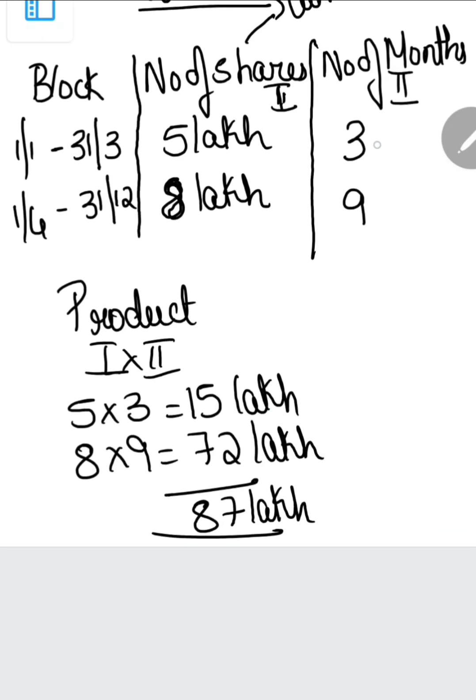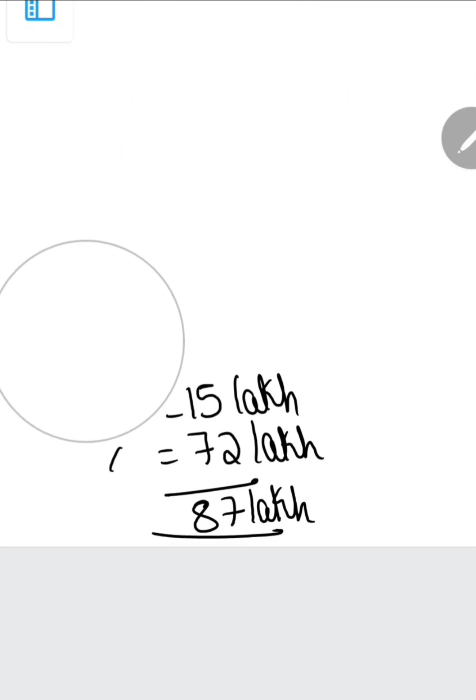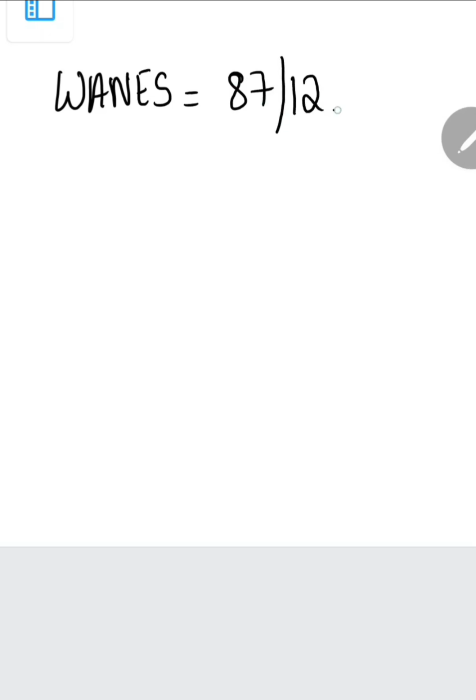Total of 87 lakhs. And the total number of months will be 3 months plus 9 months will be equal to 12 months. WANES will be equal to 87 lakhs divided by 12.